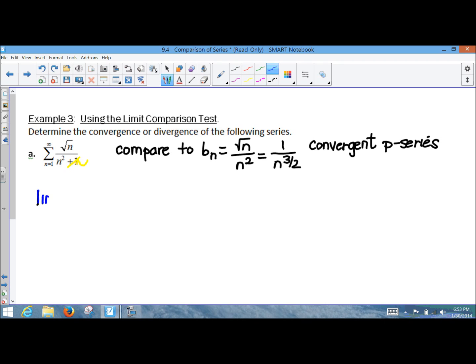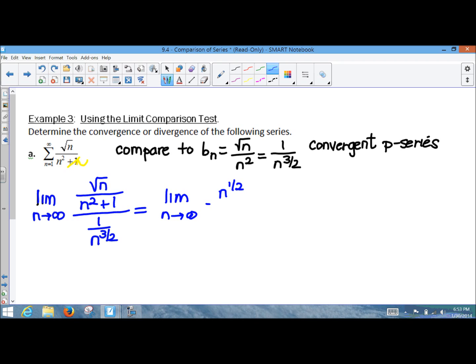Let's look at the limit as n approaches infinity of our original a sub n expression divided by our made up, our brand new bn with which we're going to compare an. Well, in order to take this limit, I think we would best be served by multiplying by the reciprocal. And I think I'm going to go ahead and change the square root of n to n to the 1/2 to make things a little easier.